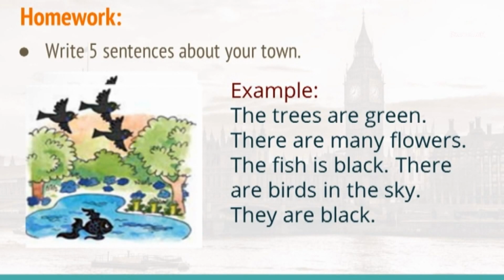For example, in my garden, the trees are green, there are many flowers, the fish is black, there are birds in the sky, they are black. But don't forget, you should write 5 sentences about the place where you live.